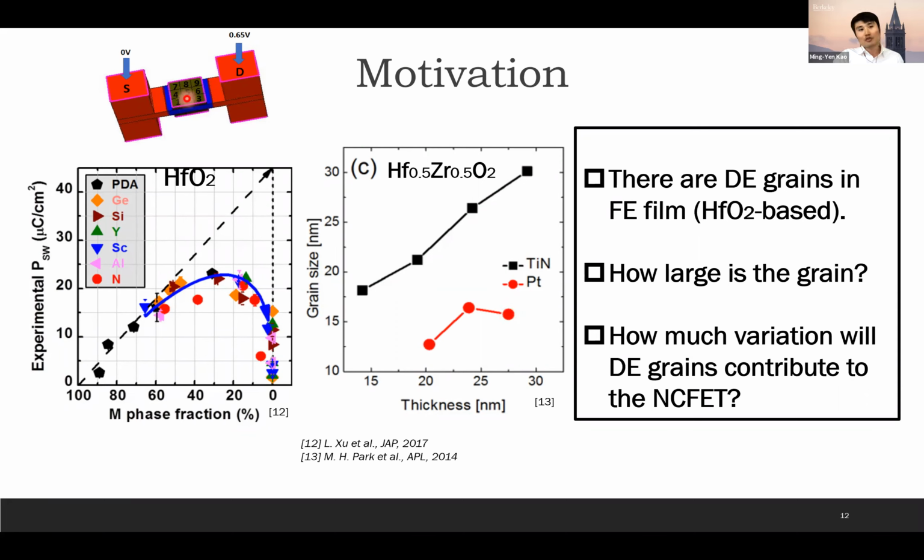So we have the 2 nanometer thickness, and I'll talk about the length and width. It will be 6 nanometer length and width, basically following this trend. And we would like to study how much variation these dielectric grains contribute to the performance and cause the variation in the performance of NCFET.